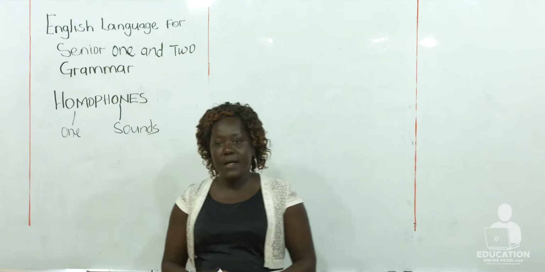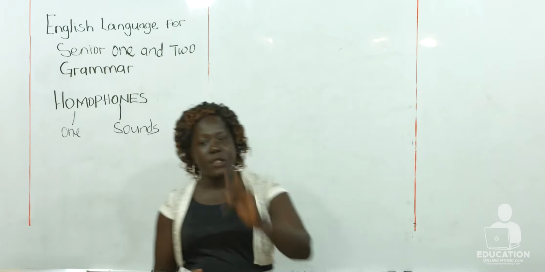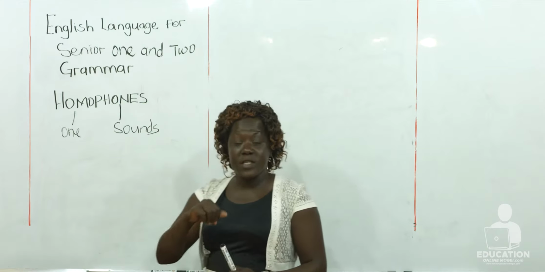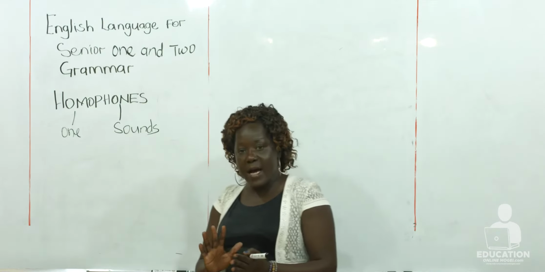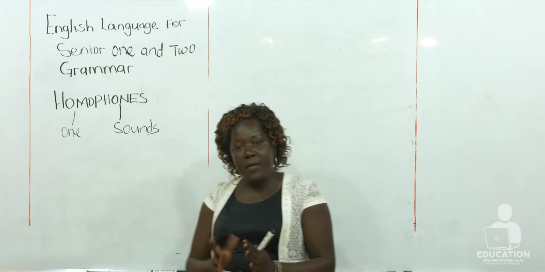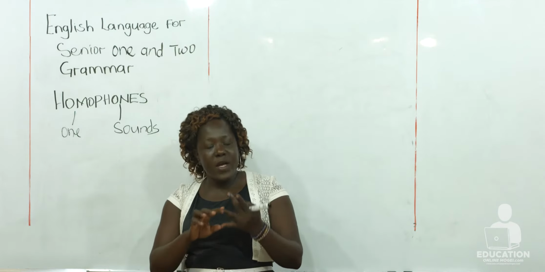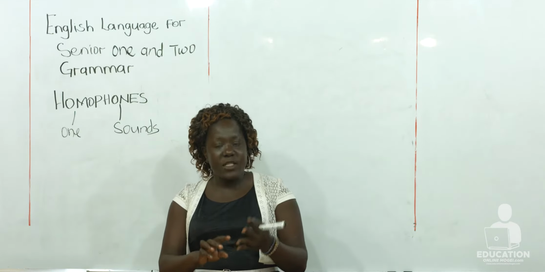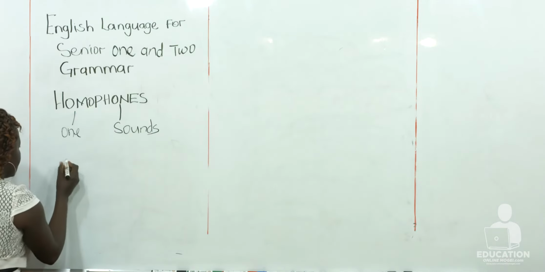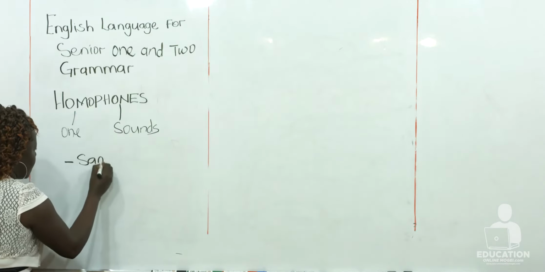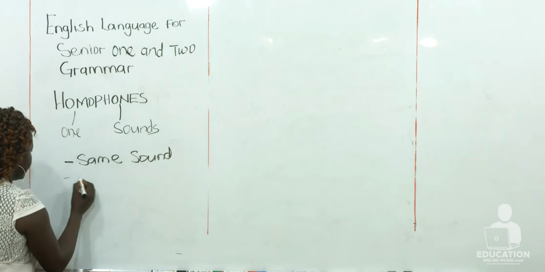I told you clearly also that under homophones we have two categories. The first one that we saw last time was this type of homophones whereby the words are spelled differently with different meanings but the same sound.